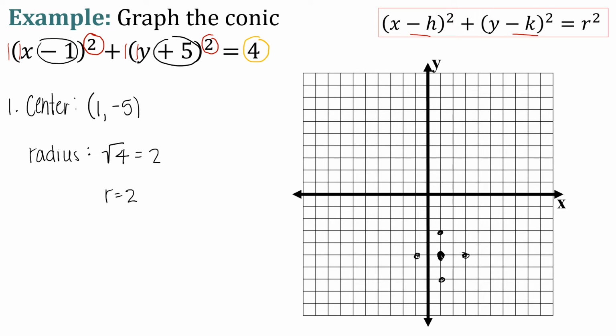And I'm going to sketch this the best that I can to make this a circle. My circle drawing is not great, especially when I'm drawing on a computer, but we can get the picture that this is a circle. So that was graphing a circle as a conic section.